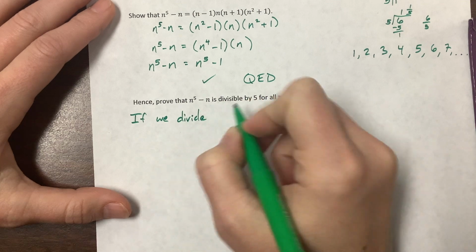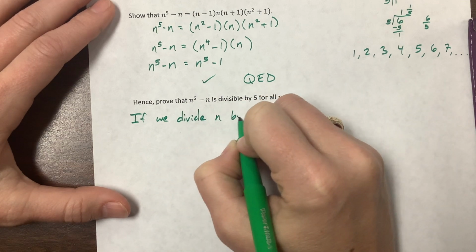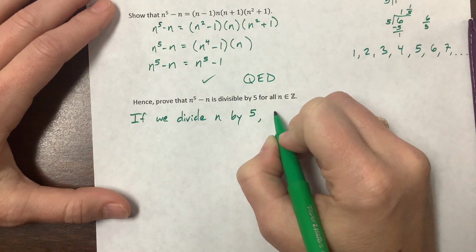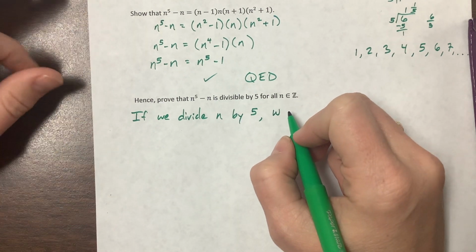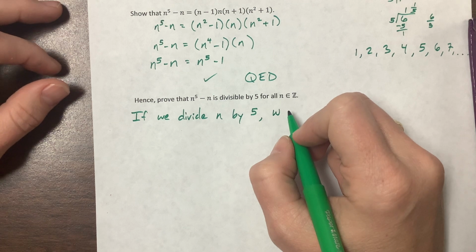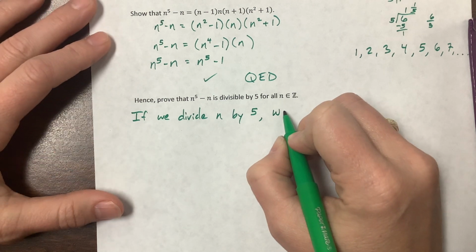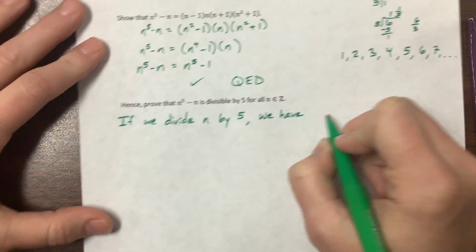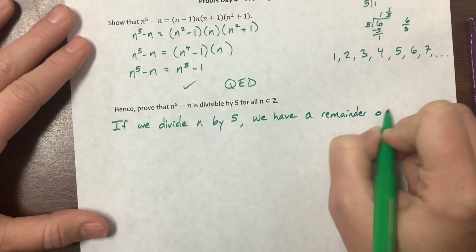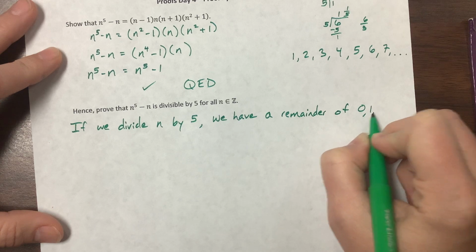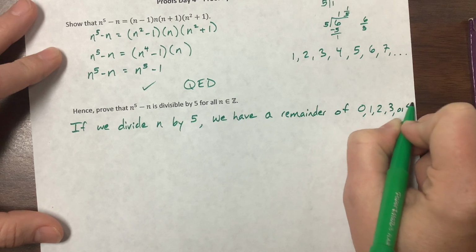If we divide n by 5, I'm trying to follow the book. We have a remainder of 0, 1, 2, 3, or 4.